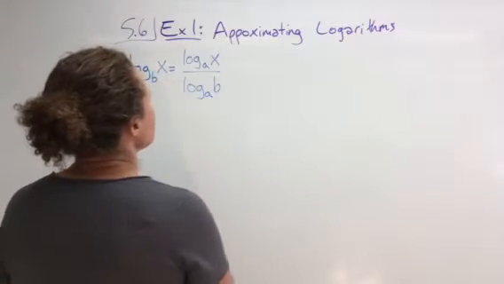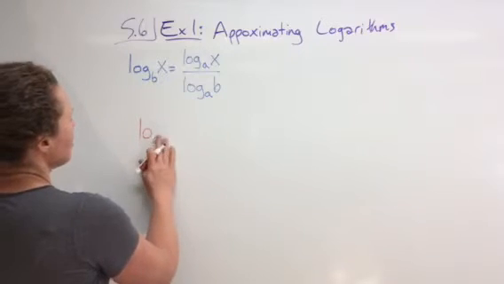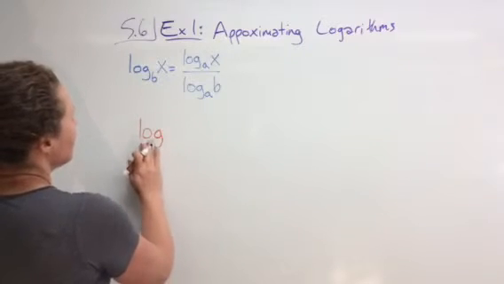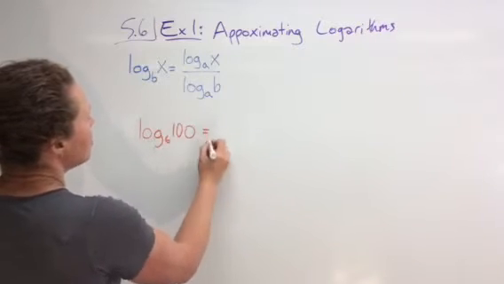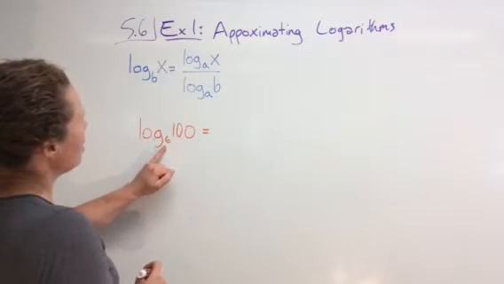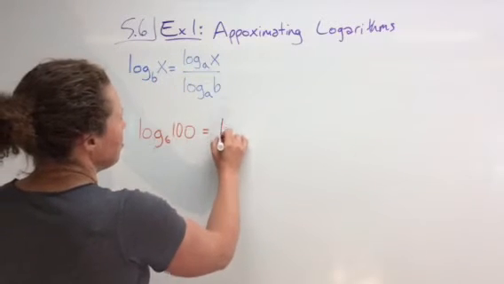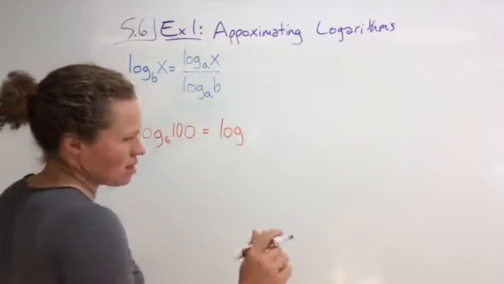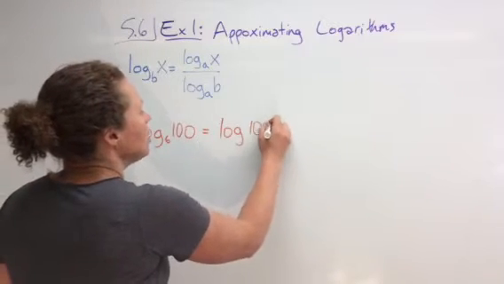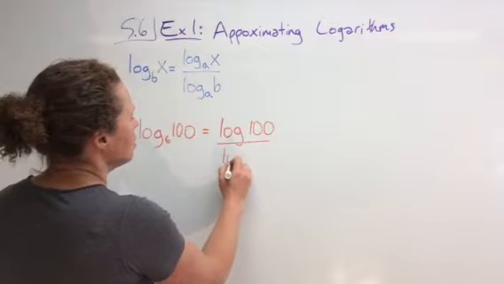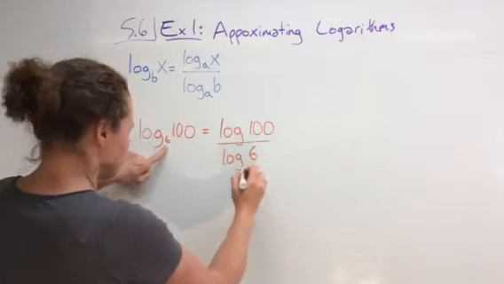So if I've got log base 6 of 100, and I follow this pattern, then the number that's here gets its own log on top, and I can use log base 10 because that's the one in my calculator. So I go log of 100 over log of the base, which in this case is 6.